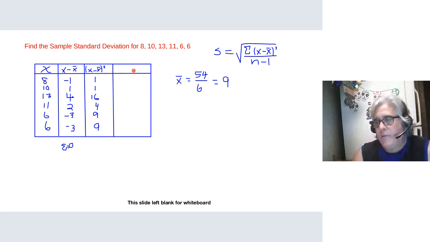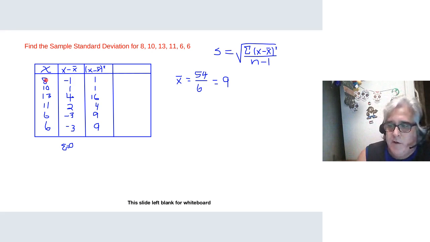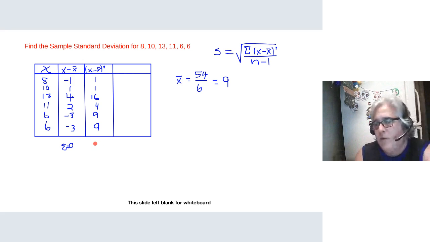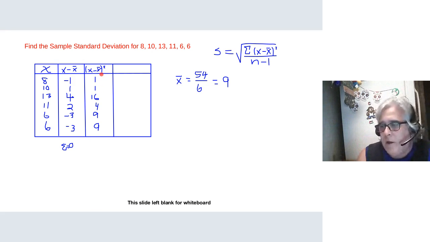So I'm going to use this column. I probably could have just put the 8 minus 1 for you in this one and moved everything over. But all right, now the thing we need is the summation of all these. That's what this is up here, that whole numerator.